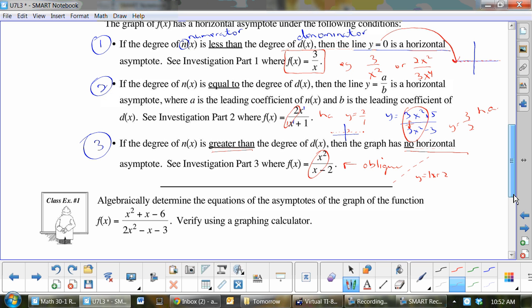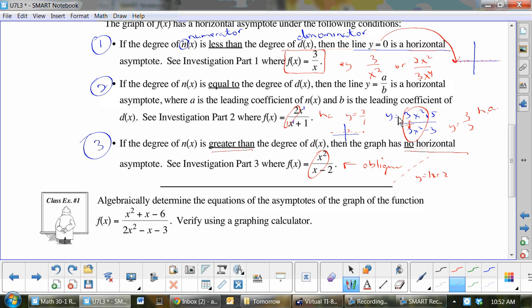Now, you do not have to find oblique asymptotes for 30-1. It's y equals 0 in this situation, or y equals negative 5/8 in this situation, or no horizontal asymptote. See, this is not a horizontal asymptote.